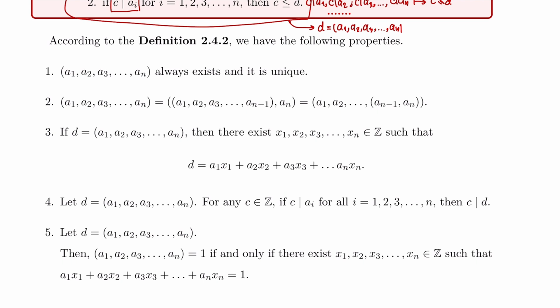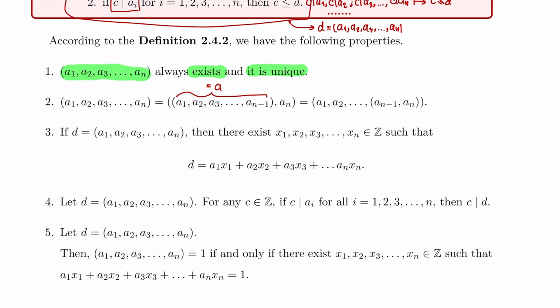Okay, so now let's take a look at some of the properties of greatest common divisor. So it's quite similar to the greatest common divisor of just two numbers. Now the first one is the greatest common divisor of a1, a2, all the way to an always exists and it is unique. Number two, if you have to find the greatest common divisor of n numbers, you can find the greatest common divisor of the first n-1 numbers, right? Then you're going to have a greatest common divisor, which turns out to be just a.